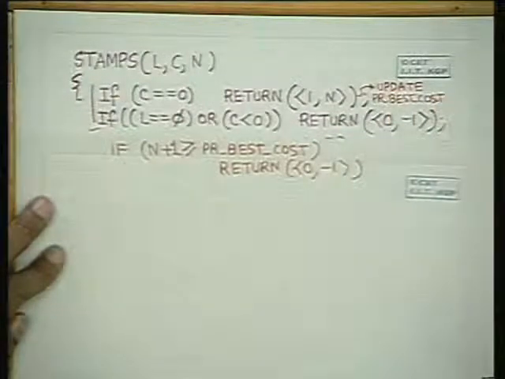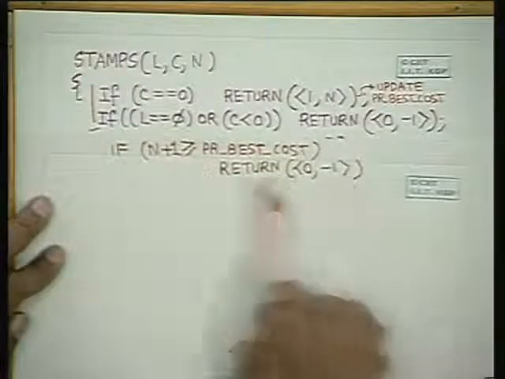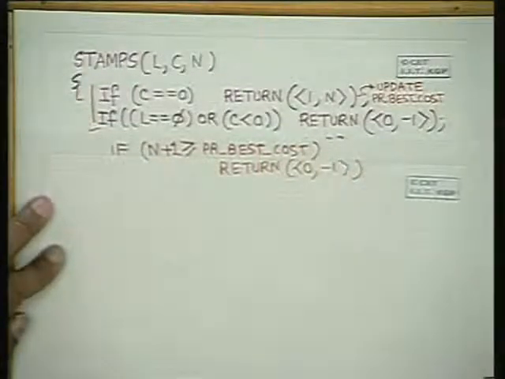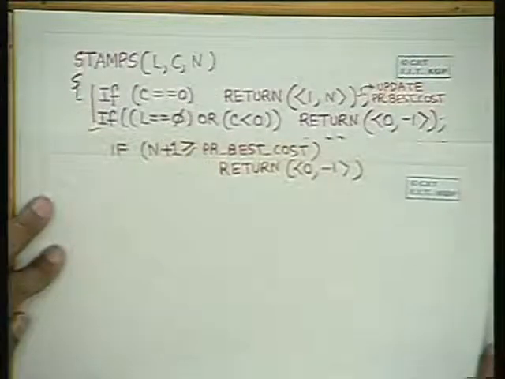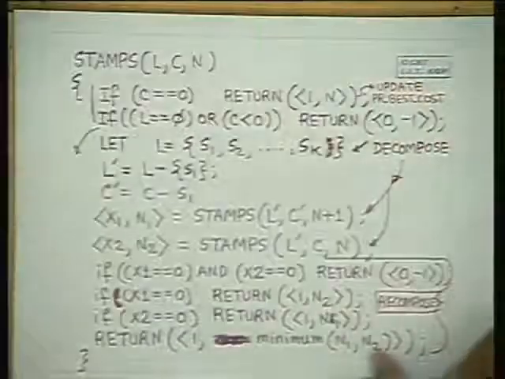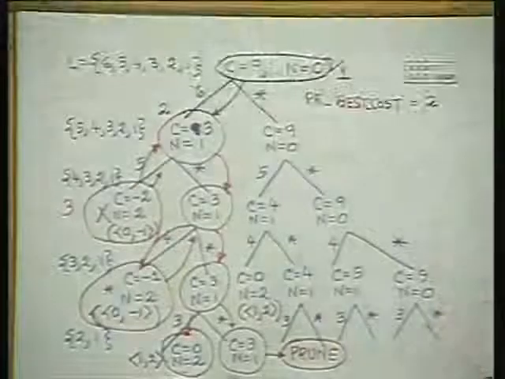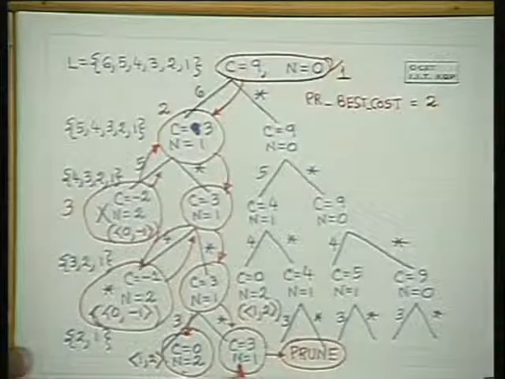When I get another solution, I will update the present best cost, because if the new solution is better than the present best cost, obviously I will update it. Otherwise, I will prune. So this is a pruning which will help to reduce the search which would have unnecessarily examined the whole portion below this.